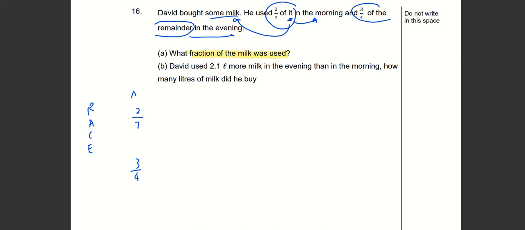There's some milk, that's the whole, and the whole represents one whole. If I say 2/7 of it, the denominator means all the milk, that's the whole. So in other words, the whole will be 7/7, right? So this is the fraction. The numerator 2 means it's used in the morning.